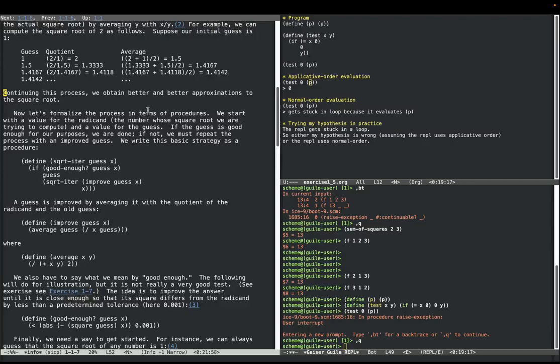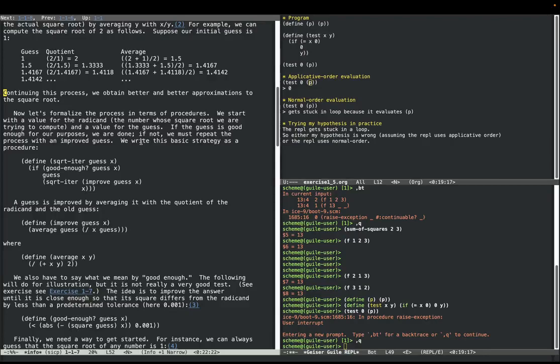Now let's formalize the process in terms of procedures. We start with a value for the radicand, the number whose square root we are trying to compute, and a value for the guess. If the guess is good enough for our purposes, we are done.